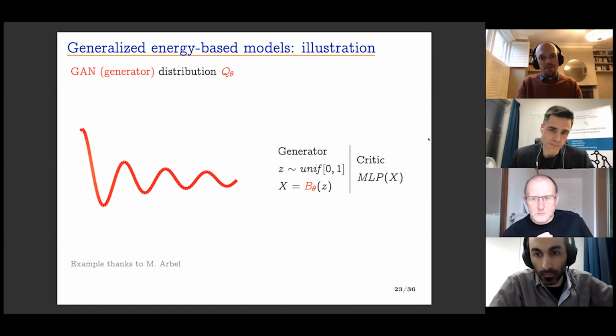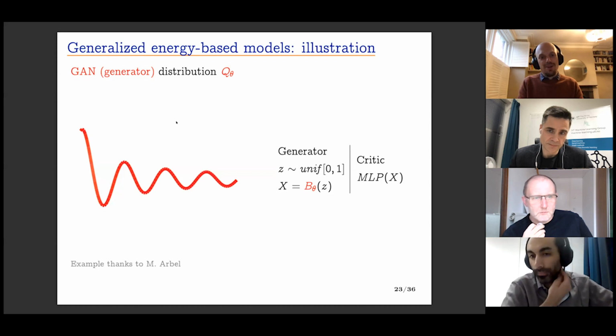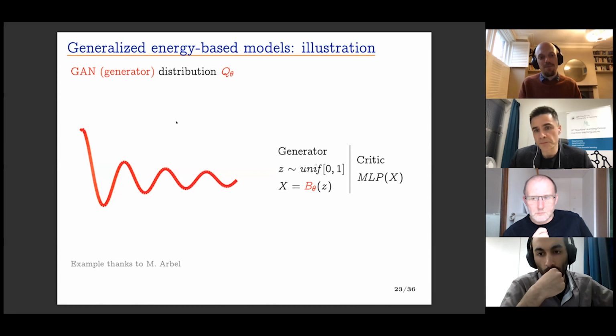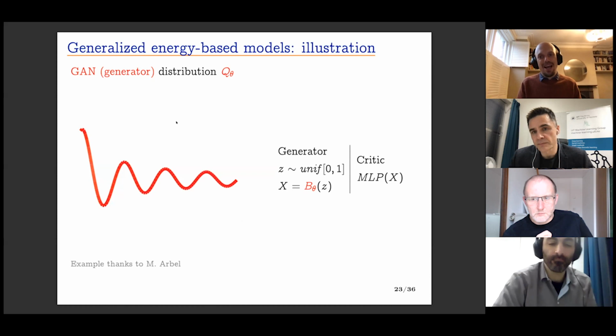However, if there is some part of the space up here where the generator should have put mass and didn't, I can never recover that. So the problem of mode collapse isn't solved by the energy model. The model is sort of saying, given that I've got the support correct, I will refine the mass on the support.